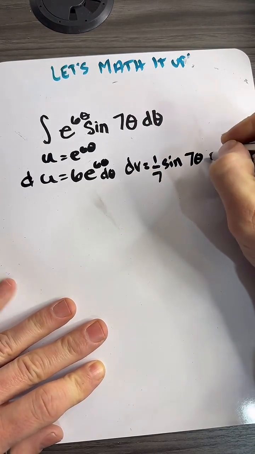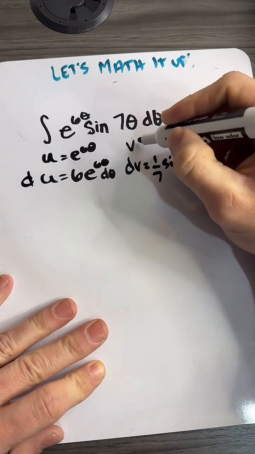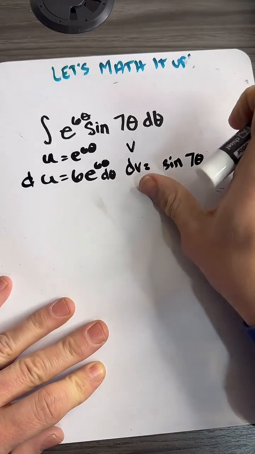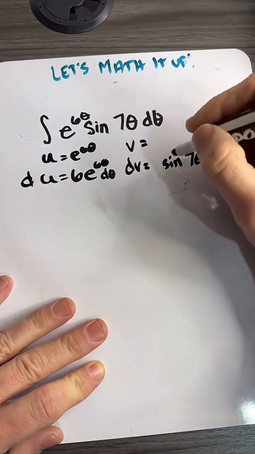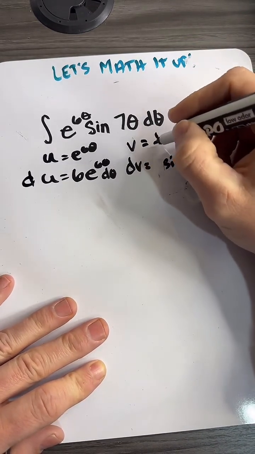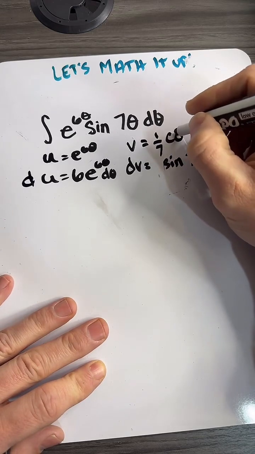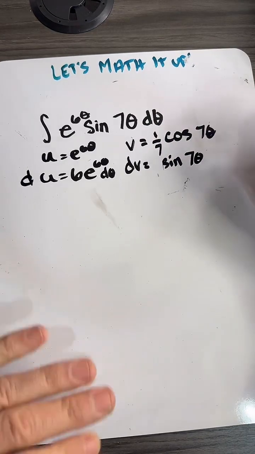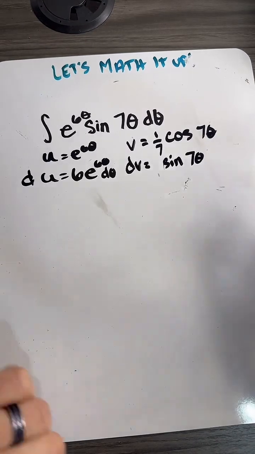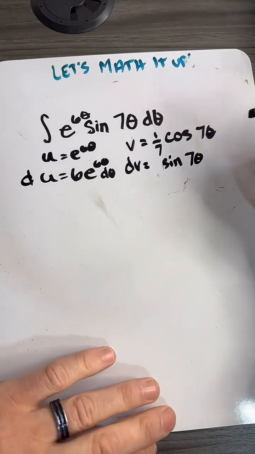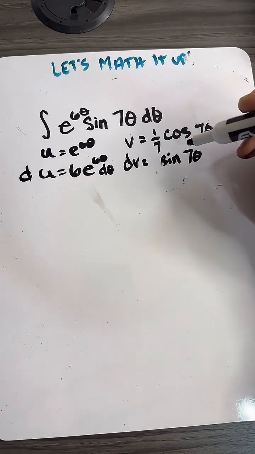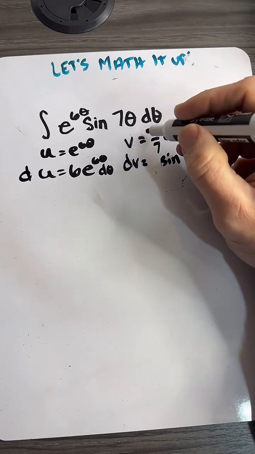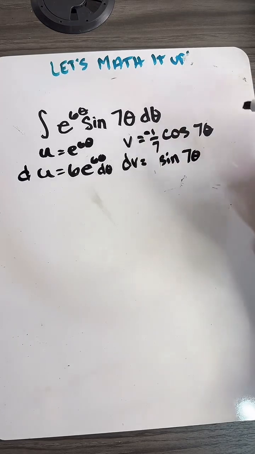7 theta. So that means I'm going to take, oh shoot, this isn't 1/7. dv is just going to be sine 7 theta. So once I take the integral, then it's going to be negative 1/7 cosine 7 theta. Okay, college, gotcha. 1/7 cosine 7 theta. All right, just want to double check. This is going to be a negative, I believe.